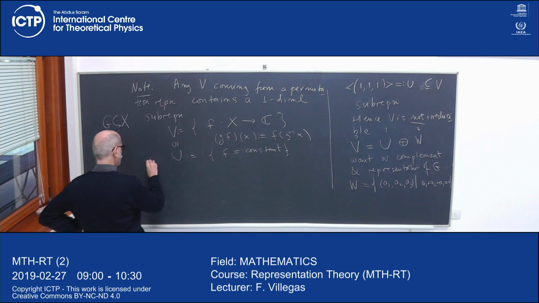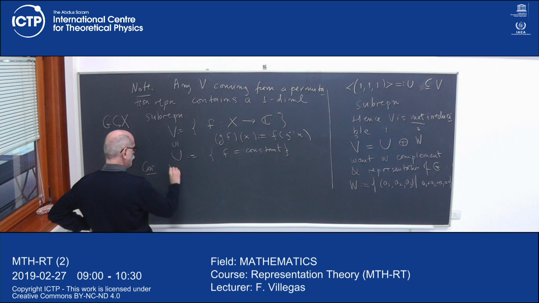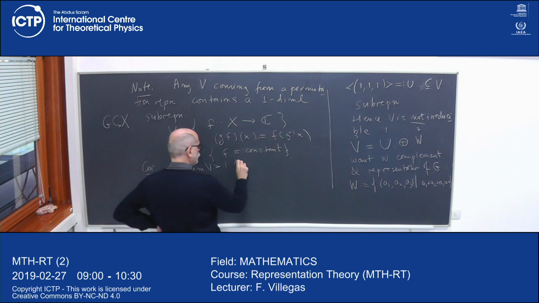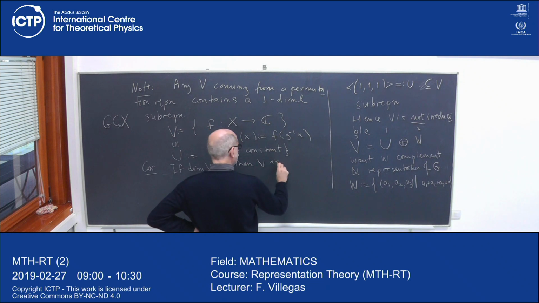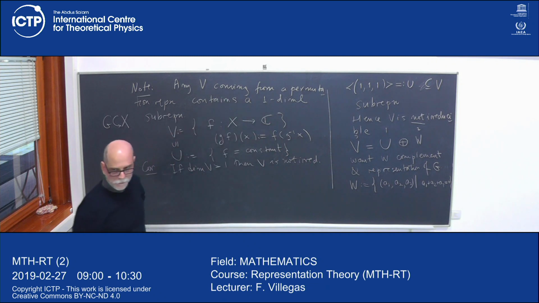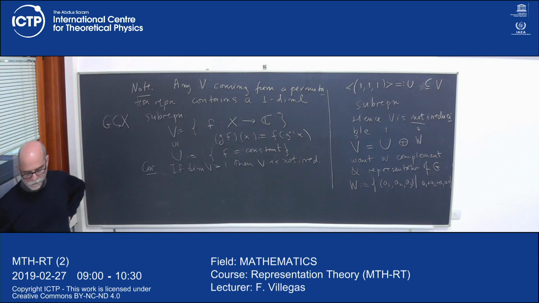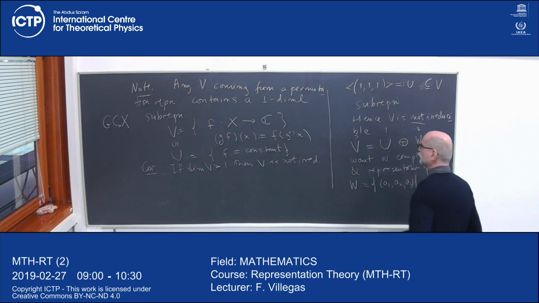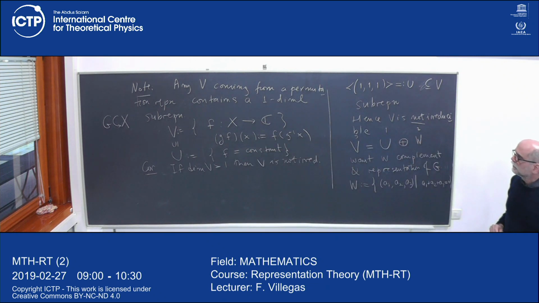Okay, so the corollary of this observation is that if V is dimension bigger than 1, then V is not irreducible. I'm talking about V coming from a permutation representation, not just arbitrary. Okay, but so we can always peel out a line, a one-dimensional space that is a subrepresentation, and we're left with something.